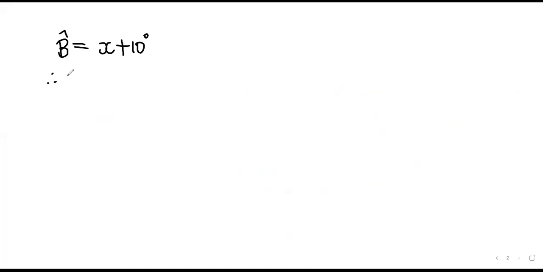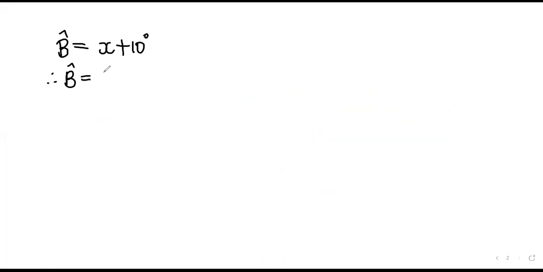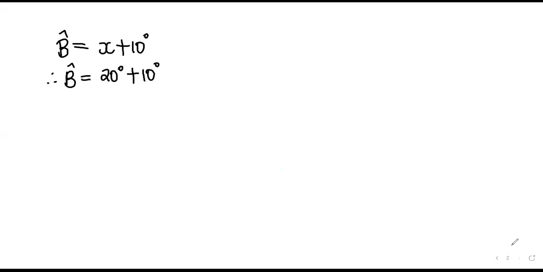And then, therefore, angle B equals, now since we're having x, we're going to check the value of x. X, we are having 20 degrees. So that should be 20 degrees plus 10 degrees. So remember, our x is 20. So in place of x, you put 20. Then therefore, the size of angle B equals 20 plus 10. That should give you 30 degrees, right?